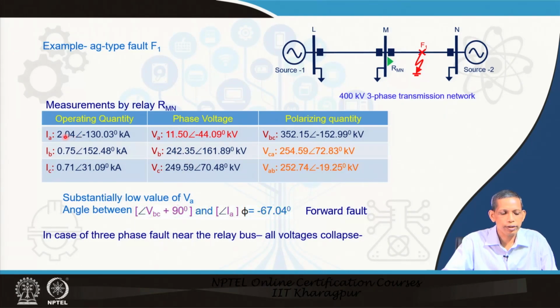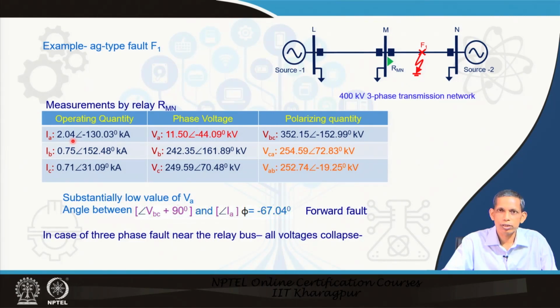If you see the currents 2.04, 0.75, 0.71, this clearly shows that this is a phase A to ground fault, and the corresponding phase A voltage becomes substantially low as compared to B and C. So, now the relay will make a judgment whether the simple phase angle of VA and IA is acceptable for deciding, or whether it has to go for the polarizing quantity using the quadrature component, that is VBC, because this is phase A current.